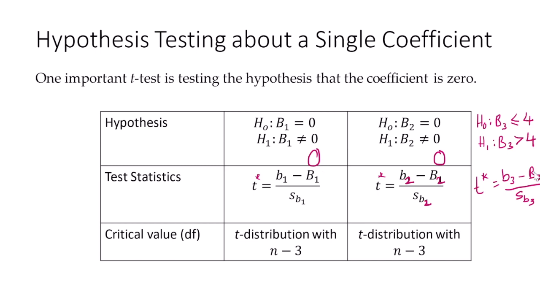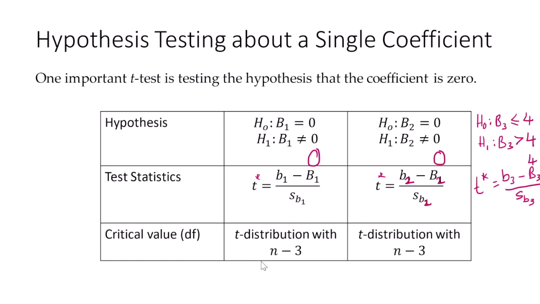But over here, we would insert the value of B3 as 4. So the critical value would be based on a t distribution. The degrees of freedom would be n minus 3. I am pretty sure that you could calculate the test statistic, the rejection region, and make the decision by yourself.